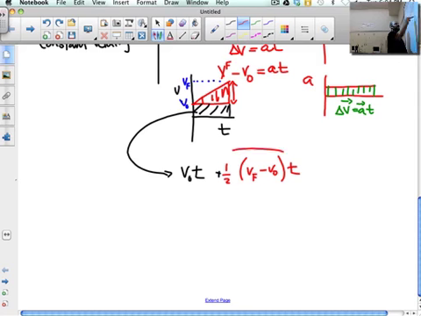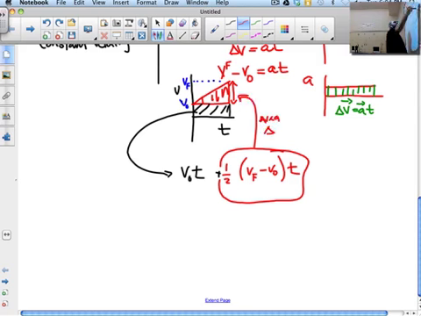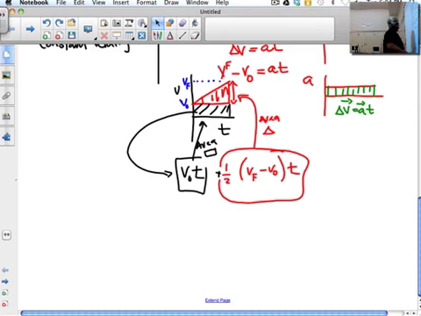So this here is the area of that triangle. This here is the area of that rectangle, right? And together, these are going to equal our displacement, right? Our change in position.